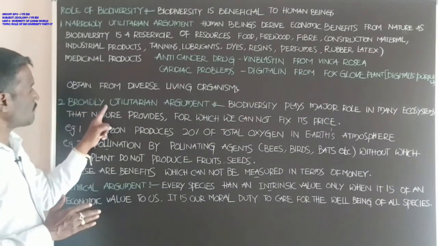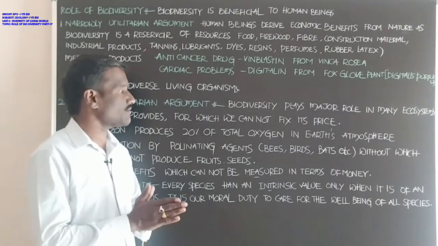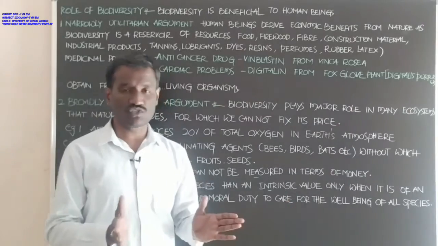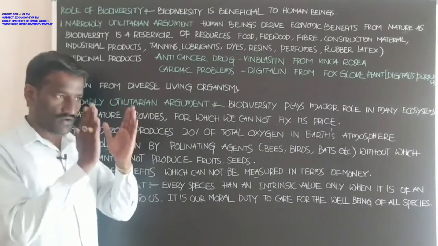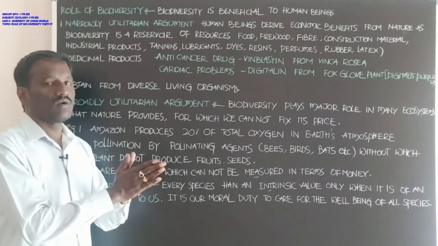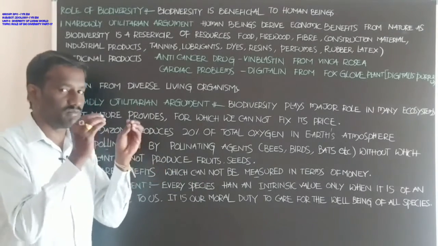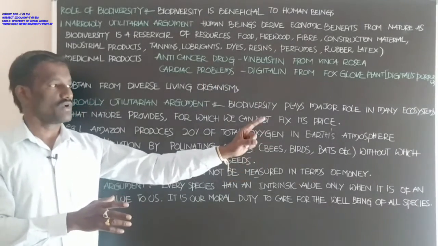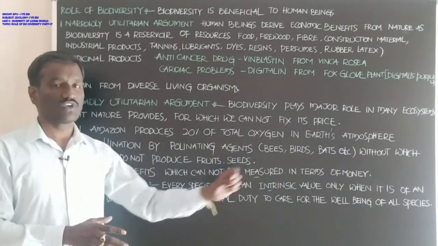Next, the second one is the broadly utilitarian argument. Biodiversity plays a major role in many ecosystems. Biodiversity present in the ecosystem means most of the species, individuals, living organisms present in one particular area.